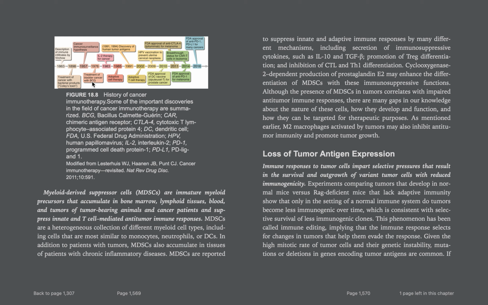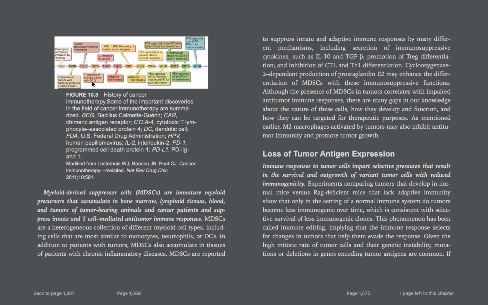Myeloid-derived suppressor cells are a heterogeneous collection of different myeloid cell types, including cells that are most similar to monocytes, neutrophils, or dendritic cells. In addition to patients with tumors, MDSCs also accumulate in tissues of patients with chronic inflammatory diseases.